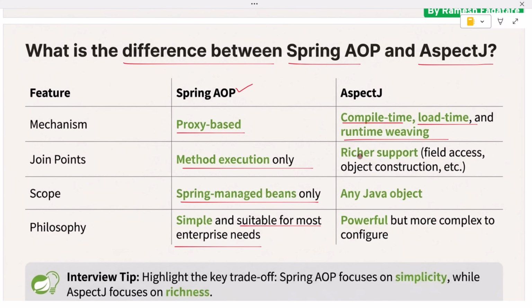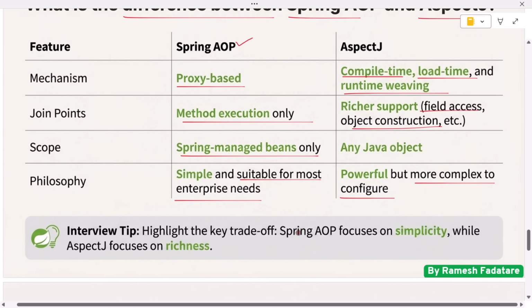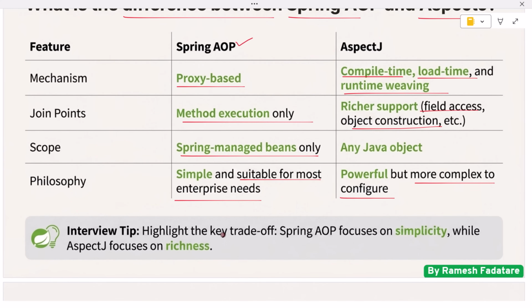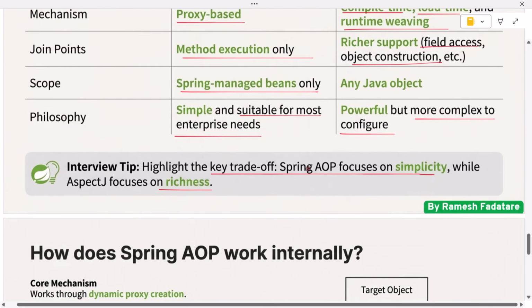It supports more join points including field access, object construction, and initialization. AspectJ is more powerful but more complex to configure. Spring AOP is designed to be easy, lightweight, and sufficient for typical cross-cutting tasks like logging, security, or transactions. Interviewers expect you to highlight that Spring AOP focuses on simplicity, while AspectJ focuses on richness.